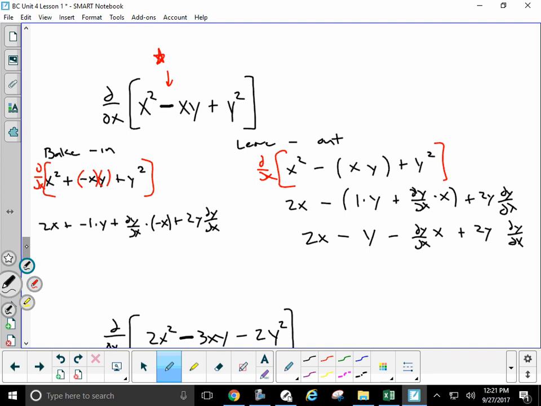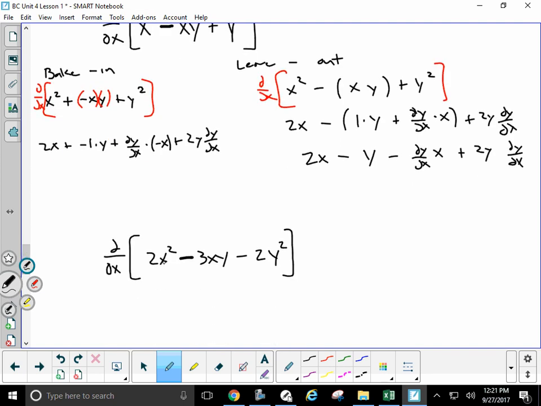So go ahead, and if you have space, take the derivative of this, pick a method, go with it. Either leave that minus out in front of the 3xy, or bake it in and make it a negative 3x. Horrible star.